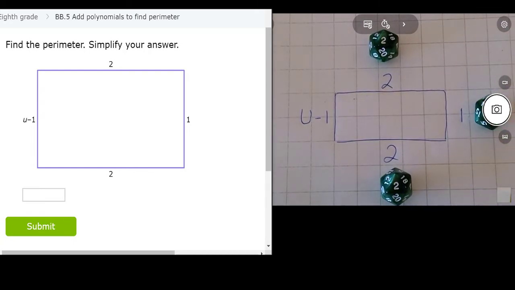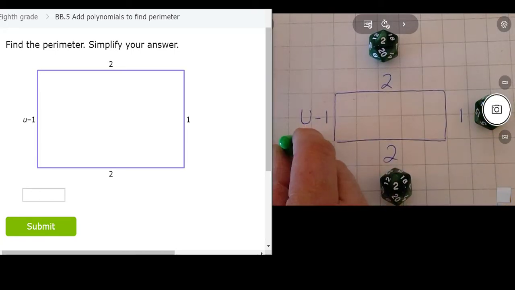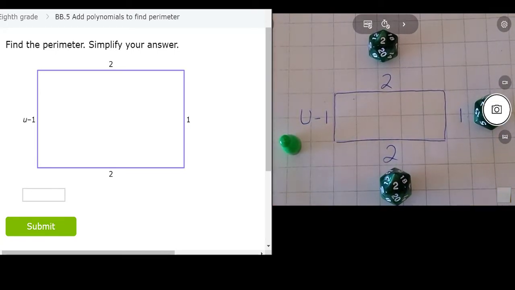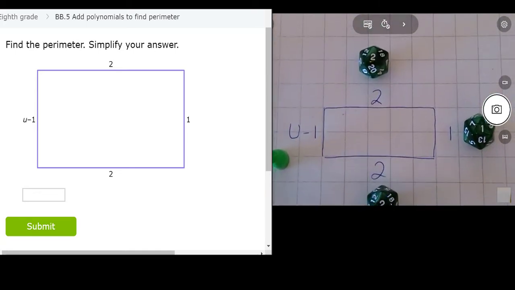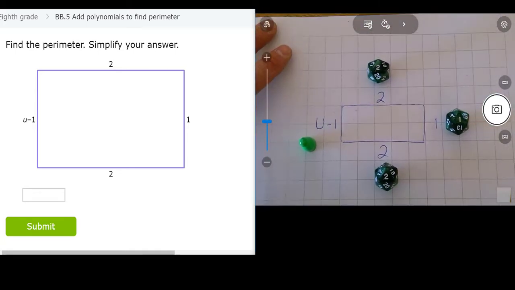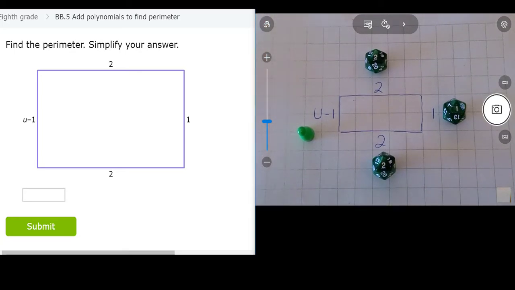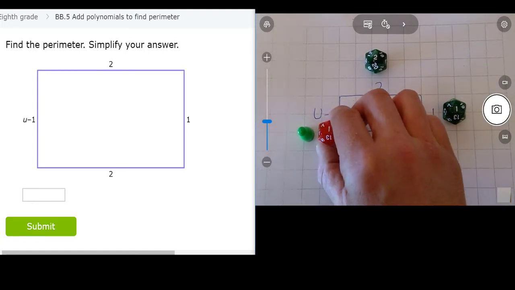And then for the other one, we've got to represent one single variable of u. So there's my pawn. One single variable of u. And then I've got to grab a different color die to represent a negative 1.